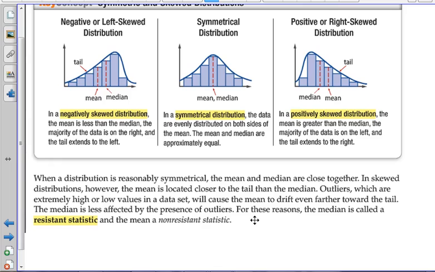Because if you sell five $50,000 houses and one $1 million house, and you do an average, or a mean, you're going to get something like $800,000. Maybe not that high, doesn't matter. But the average home definitely did not sell for that, right?